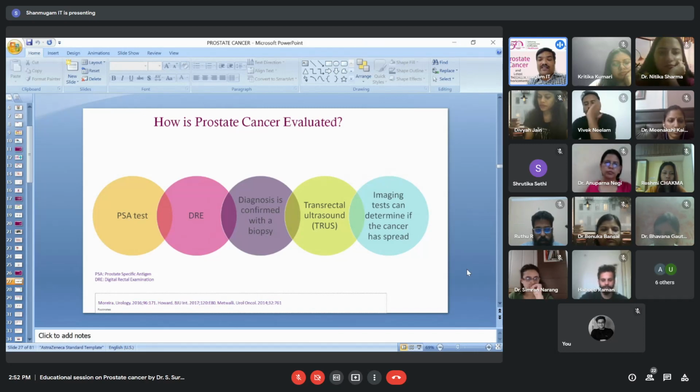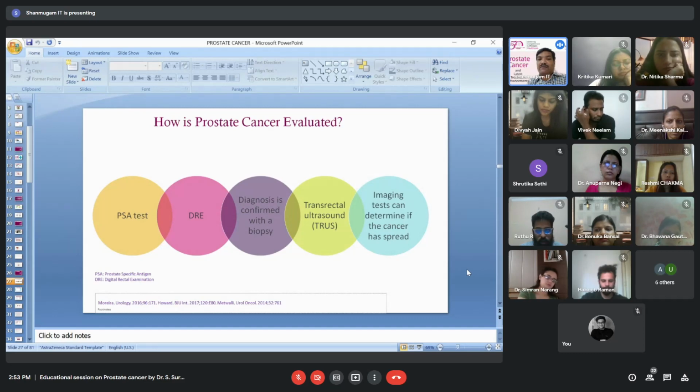And if the PSA is increased, then we can do a digital rectal examination and see whether the prostate is enlarged. If there is an enlargement, then we can do a transrectal ultrasound guided biopsy. And if the cancer is proved, then we need to image. Nowadays we have an MRI of the pelvis so that we can know the extent of prostate involvement, and also a PET scan.